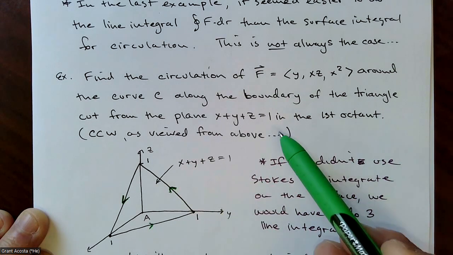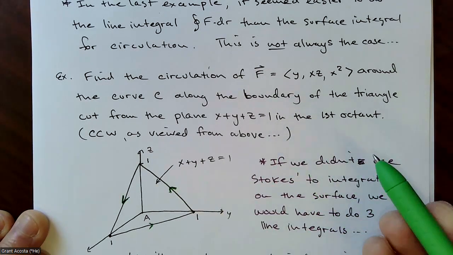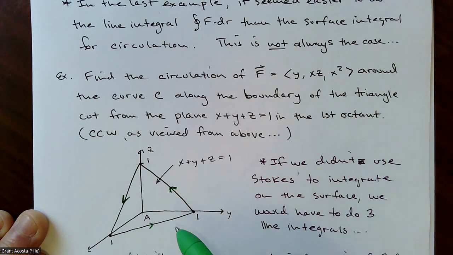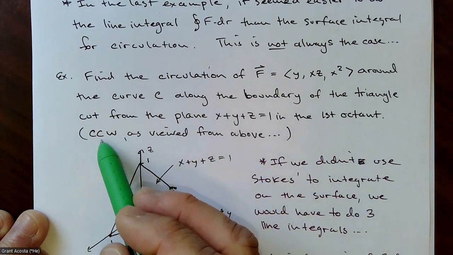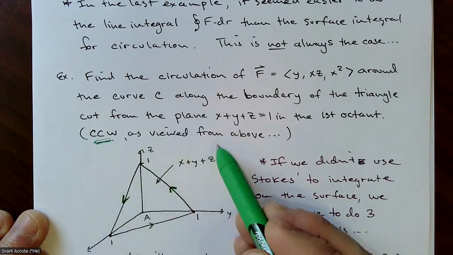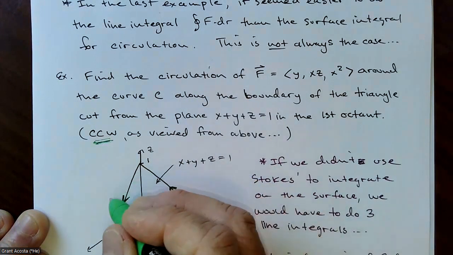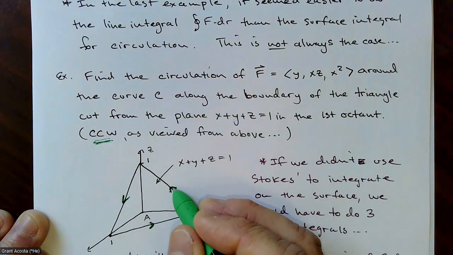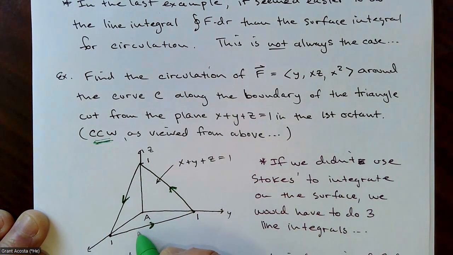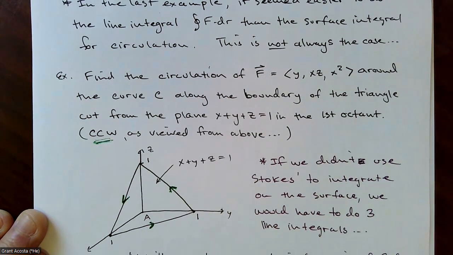Another way to orient ourselves and decide how we want the circulation to be calculated is counterclockwise. That's typical as viewed from above. If you were looking from above at the top of this and looking down at this triangle, counterclockwise would be in this direction as opposed to the other direction. All right, so now we have some orientation.